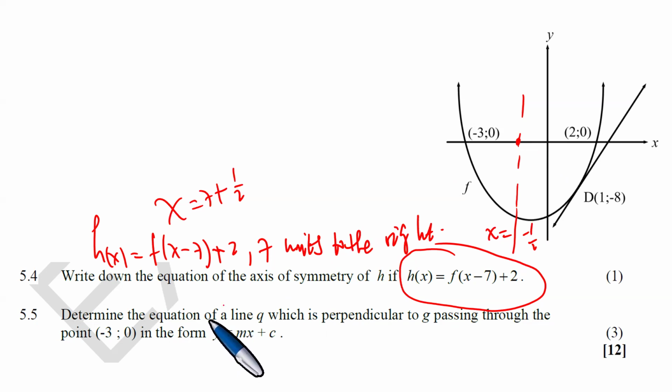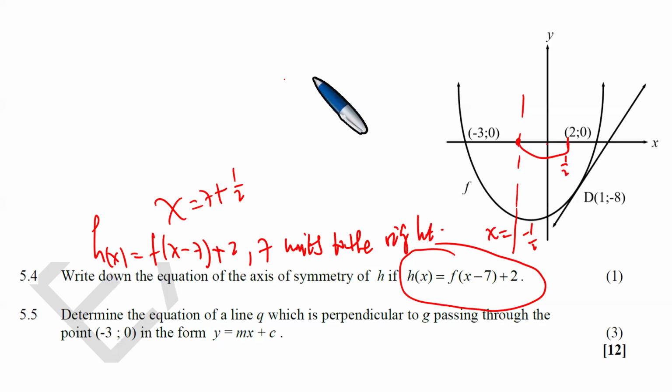So if this is going to be translated 7 units to the right, this is minus 1/2, and at this point, this is 1/2. So this is actually 1 unit. And then it would have moved 1 unit here. If it's going to move, for instance, 6 more units, it would therefore be what is required.